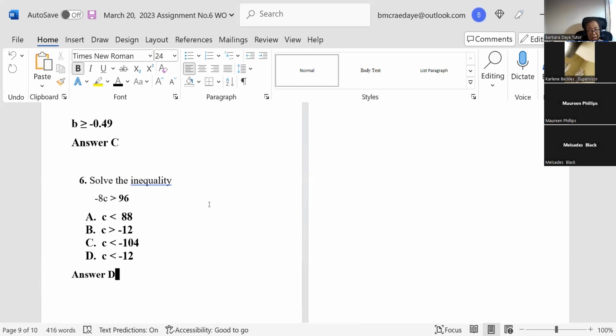That means you've got to divide out the -8. 96 divided by -8 gives you -12. But since you divide by a negative, you reverse the greater than to a less than. Got it? Okay. Now I wanted to do some word problems, but let's see if we're going to have time.